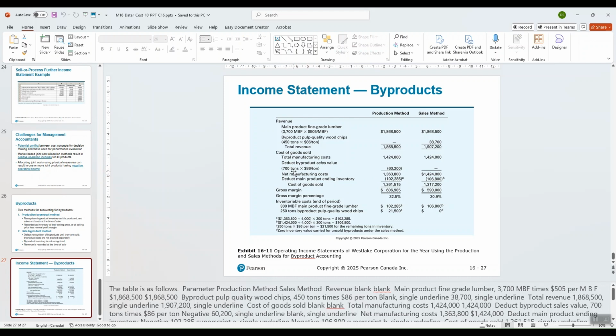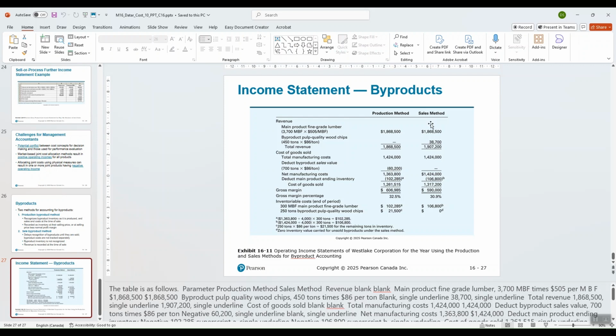There's 700 ton of byproduct that was produced, times the quantity cost, which was already calculated by one of the methods that would have been used by the company. In this case, they gave you that. So we simply take that amount, and we see that we decrease the cost. We look at the total amount that came out from that production, and we simply take it out from the cost of goods sold, and that shows us the net value.